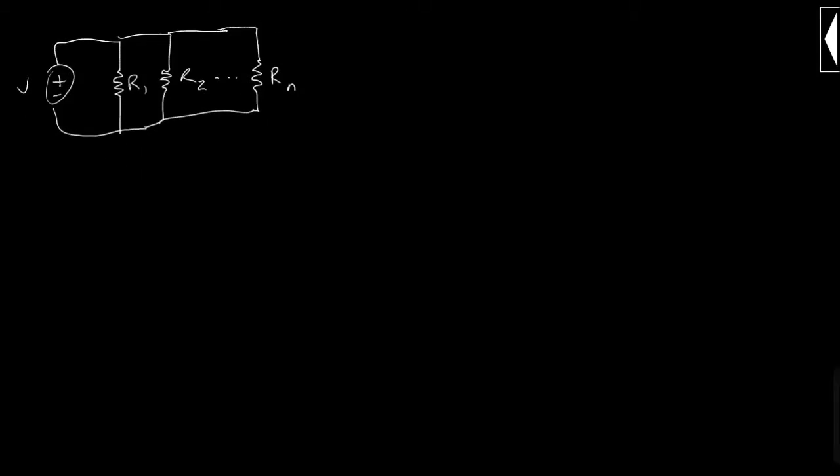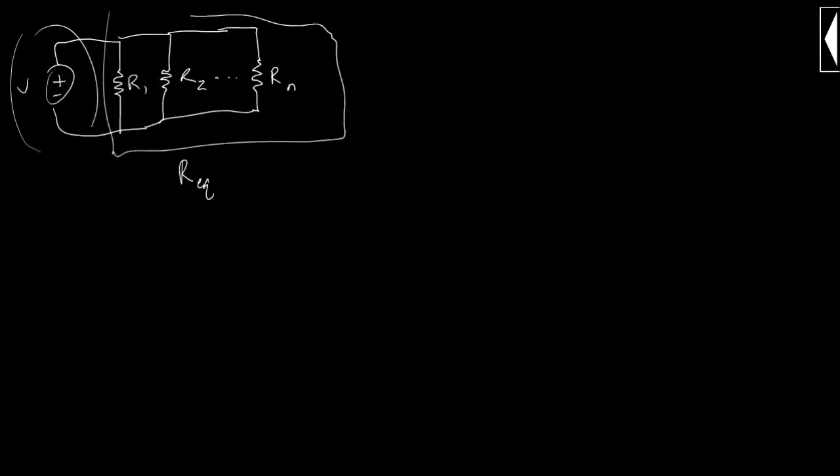The equivalent resistance of these, as seen by this voltage source here, so basically this entire block of resistance, can be written as 1 over R equivalent equals 1 over R1 plus 1 over R2 plus 1 over Rn, however many resistors you have in parallel.